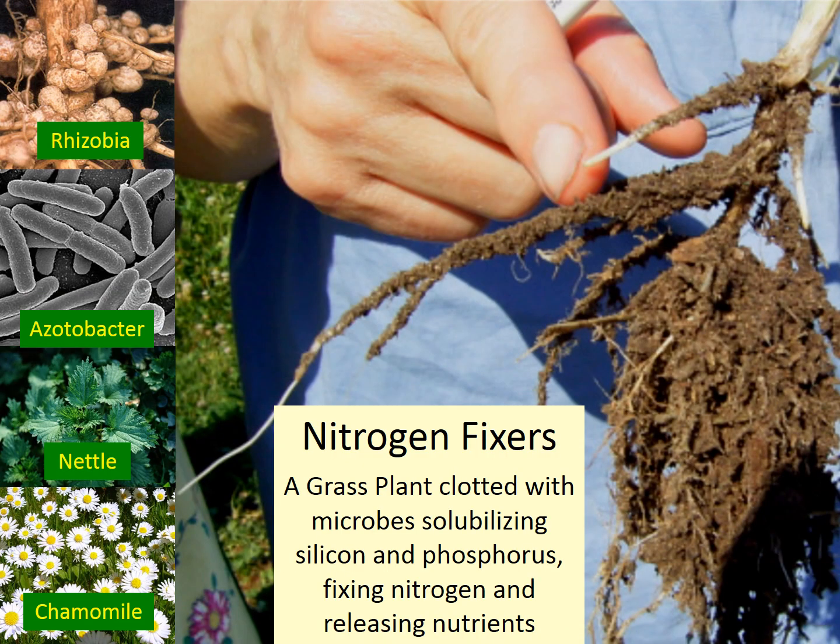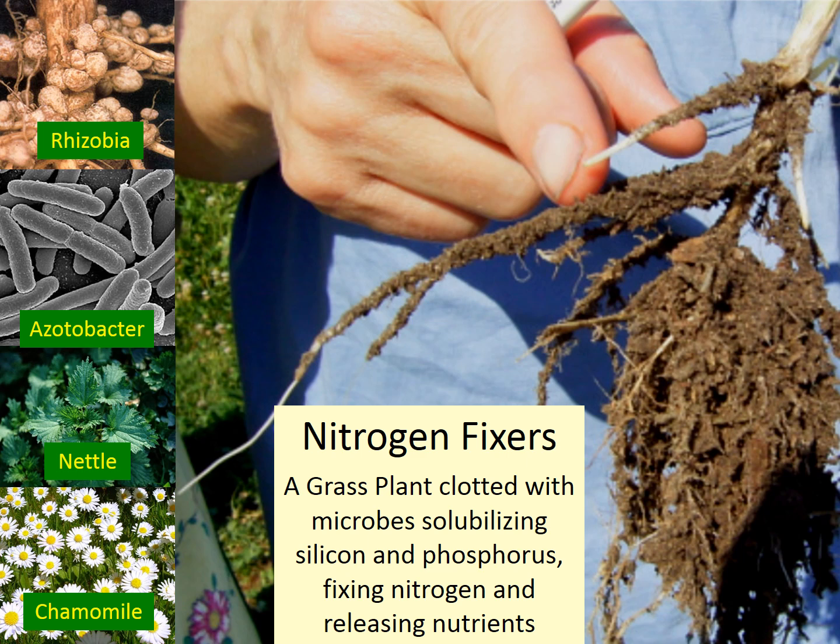Nitrogen fixers. There's quite a number of nitrogen fixers that are phosphorus solubilizers. But your classic nitrogen fixers that everyone's aware of are forming nodules. This picture in the top left panel is nodules on soybeans. Okay, it's really nodulating to beat the band.